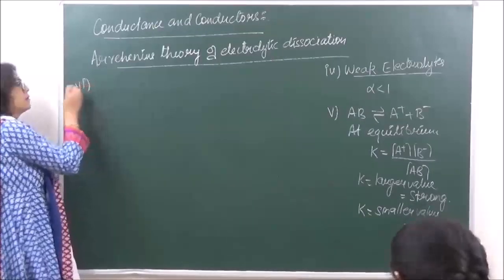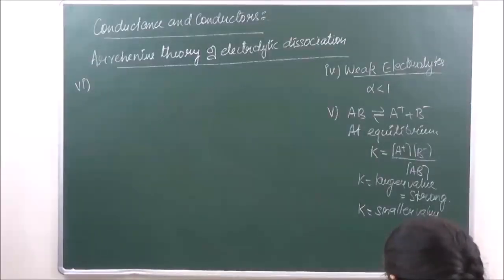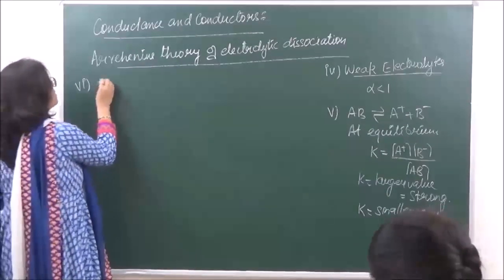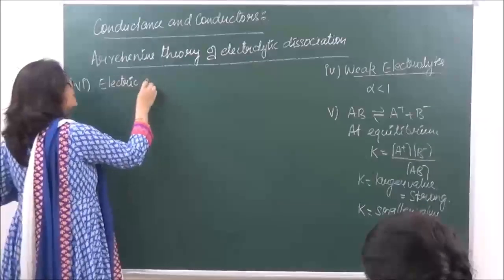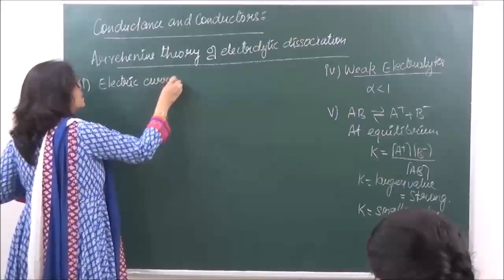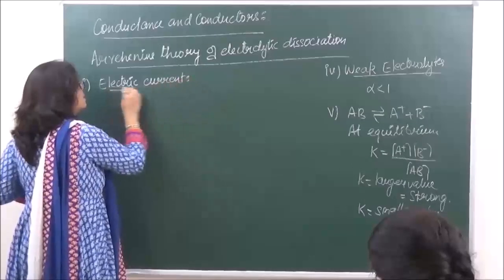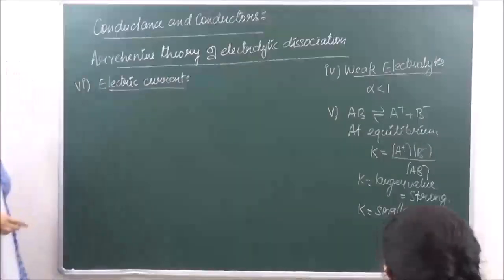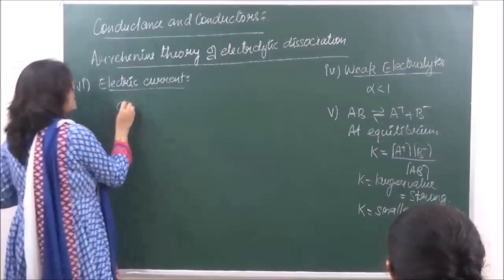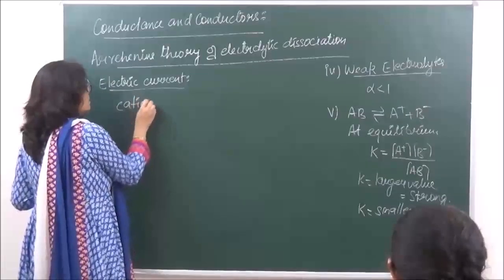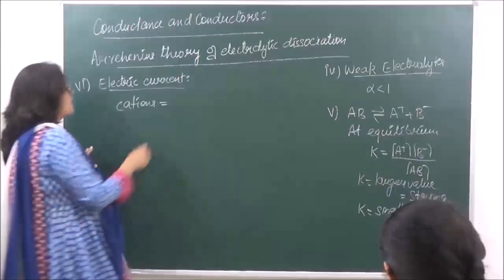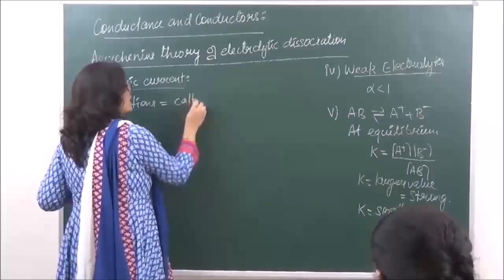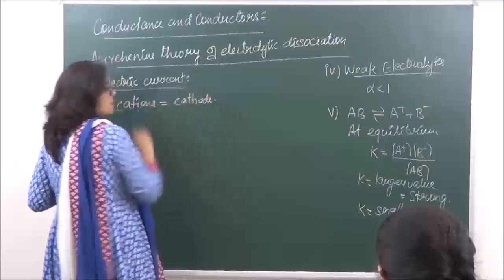Then number 6, we say that whenever an electric current is passed through an electrolyte, the cations which are positively charged move towards the cathode in an electrolytic cell, right?